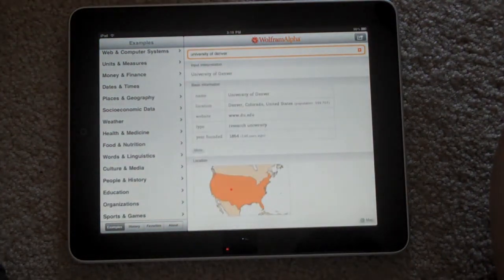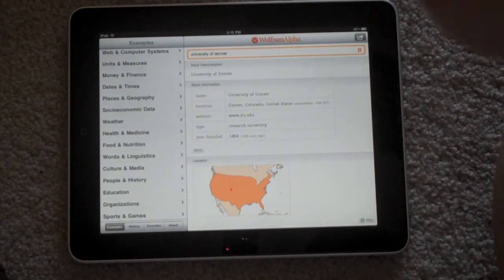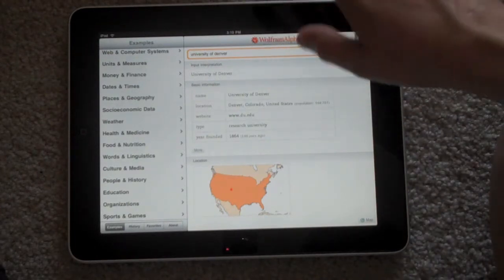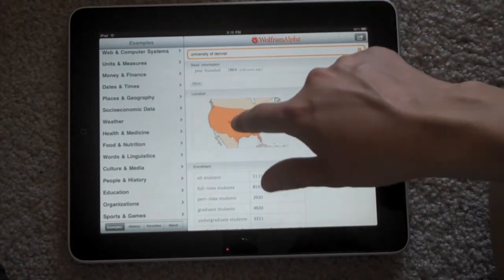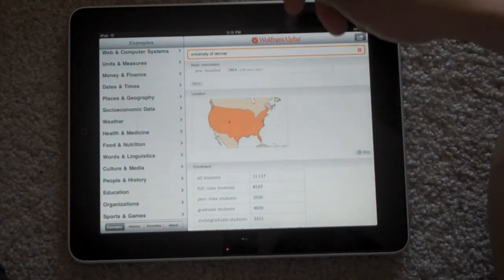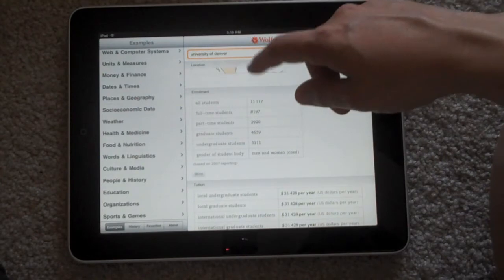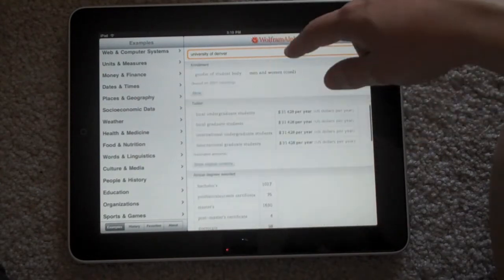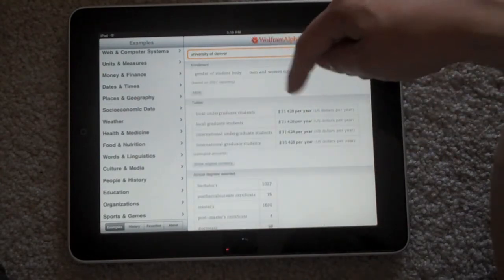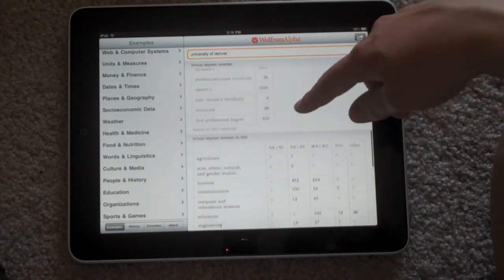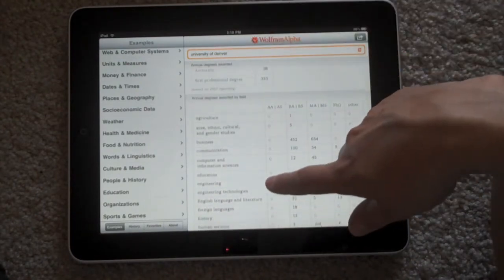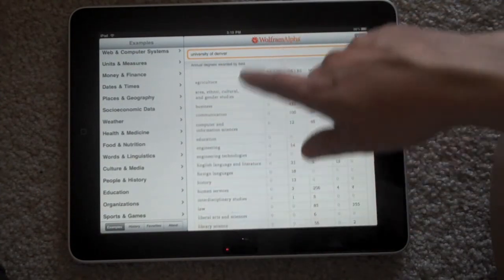And now WolframAlpha just provided me with a bunch of information. I've got its name, its location, website, type, and the year it was founded. A nice little map with a red dot showing me where the University of Denver is located. The number of students and enrollment, the tuition cost, how many degrees are awarded a year, and then broken down by field.